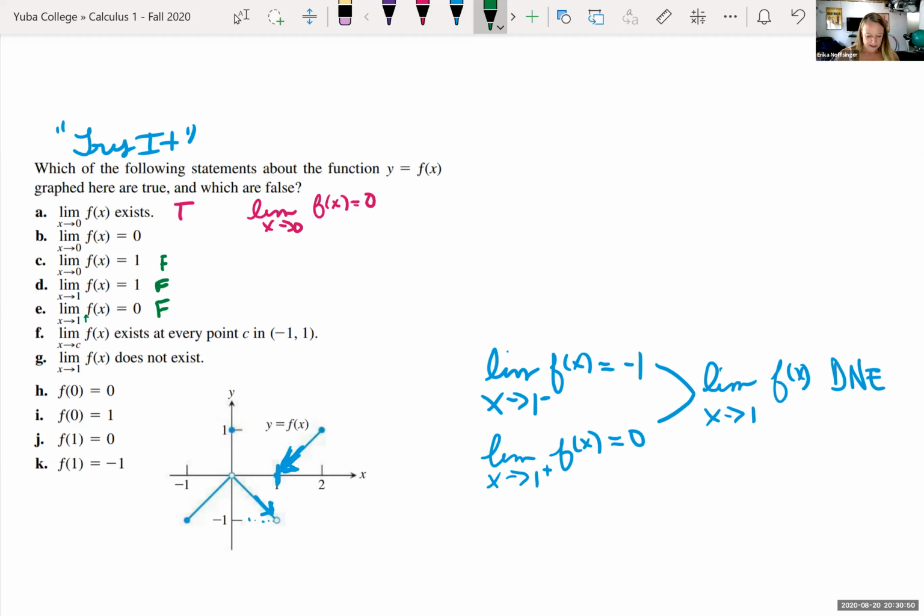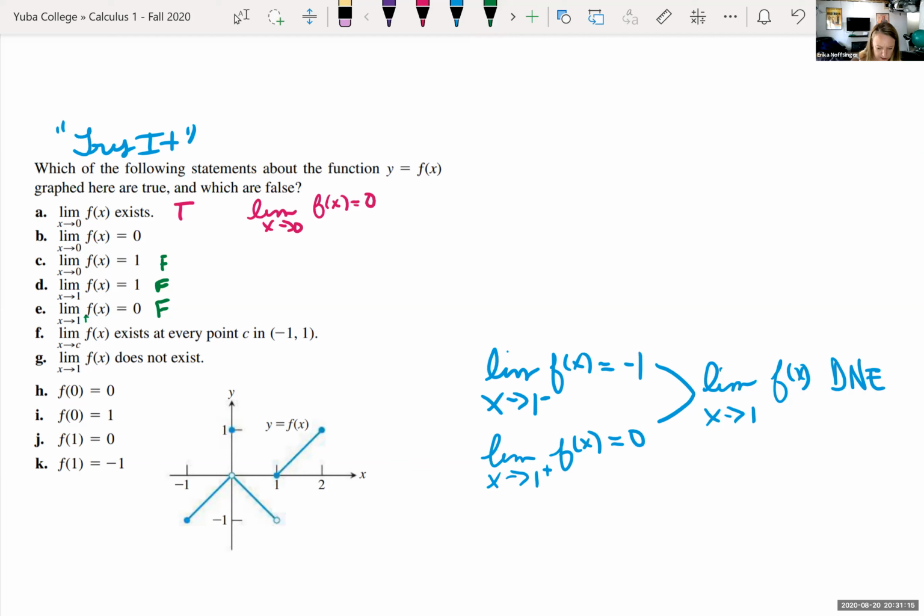Okay, so the limit as x approaches c of f of x exists at a point c in (-1, 1). What the heck? I'm not actually sure what they're asking.